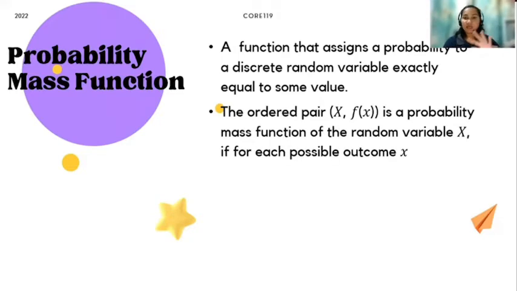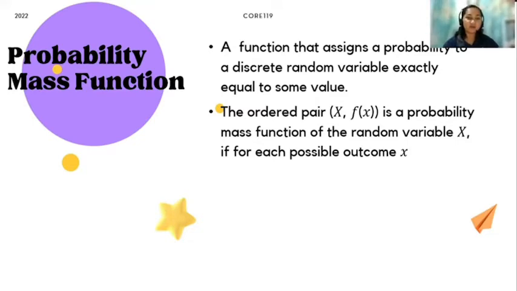A function can be represented as an ordered pair, a mapping, or in a tabular representation. That tabular representation is about probability distribution. For the mass function, it is a function or an ordered pair. We have the ordered pair x, f of x. That is a probability mass function for the random variable x.